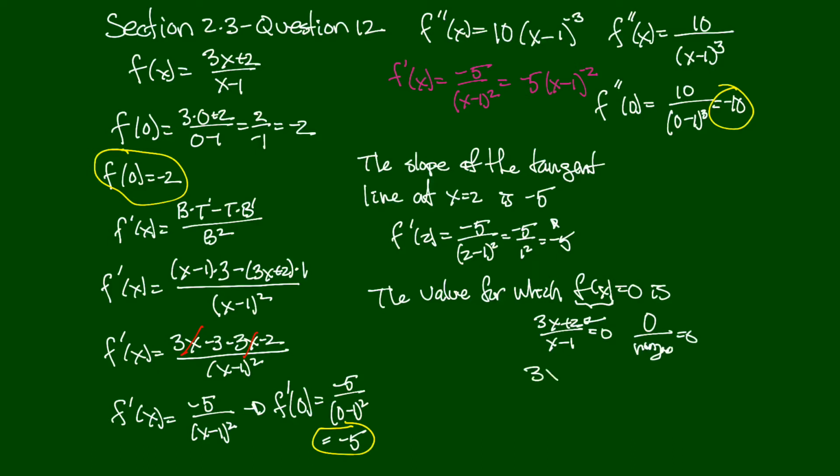So the only way this can be 0 is if 3x plus 2 is 0. So 3x is negative 2, or x is negative 2/3. To answer this last question, the value of x that gives us f of x equals 0 is negative 2/3. So this curve, our original function, crosses the x-axis at negative 2/3.